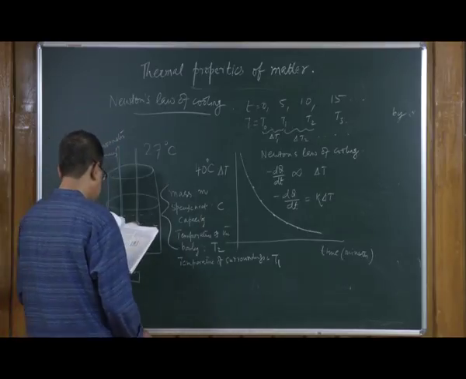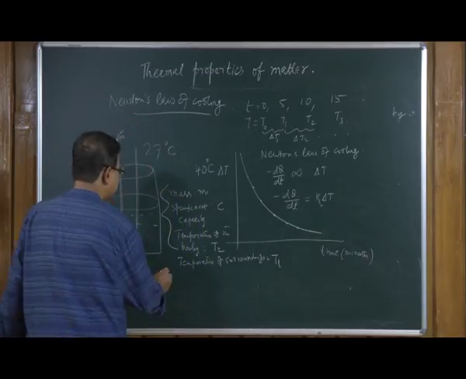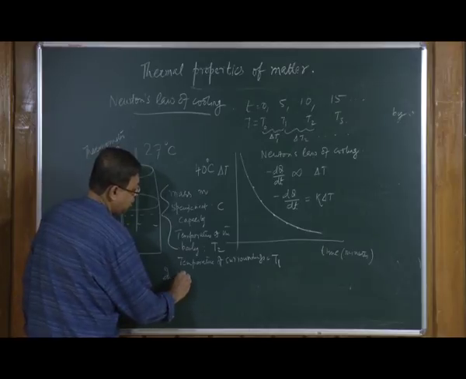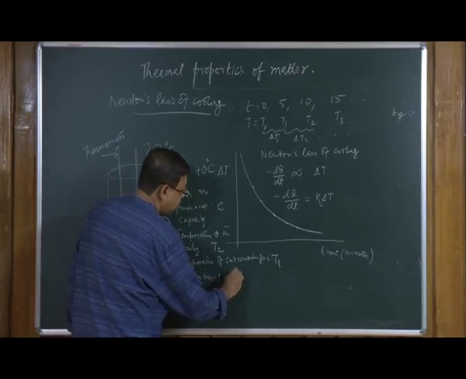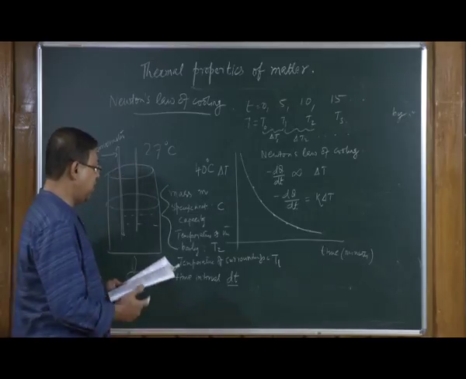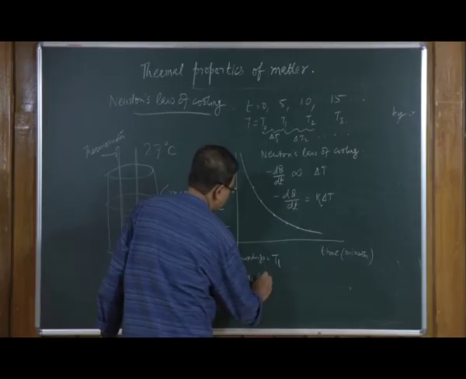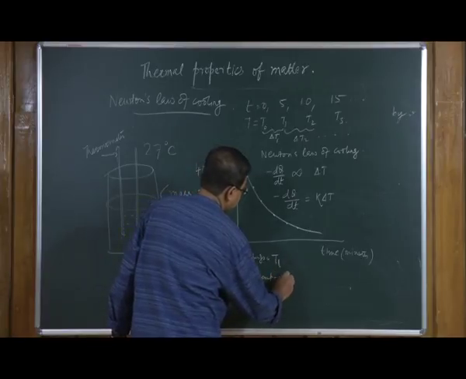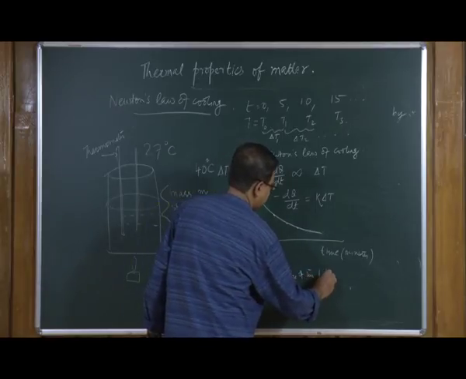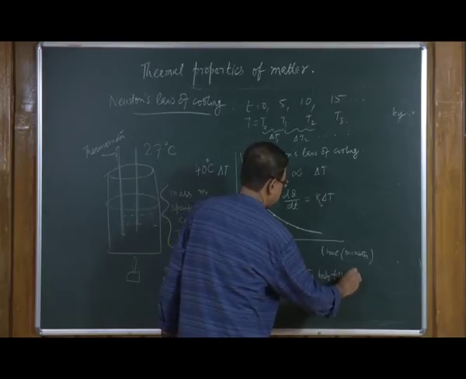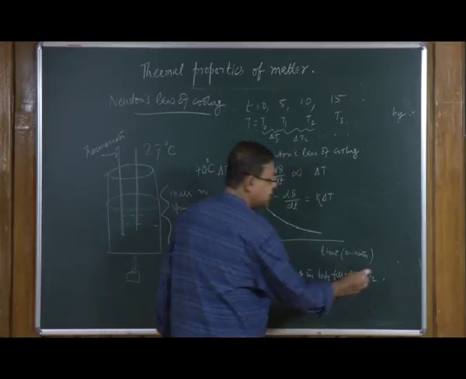Now, let us understand that in a small time interval dt, the temperature of the body falls by dT2, because T2 is the temperature of the body.